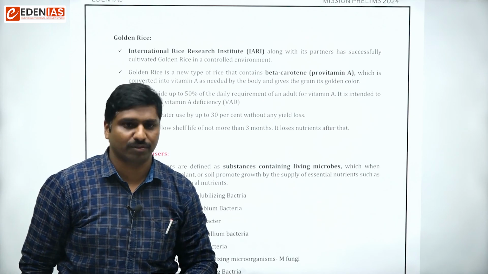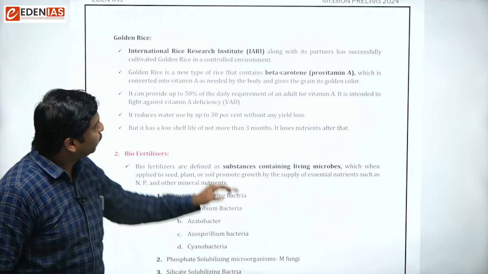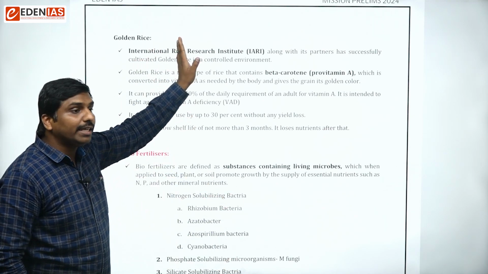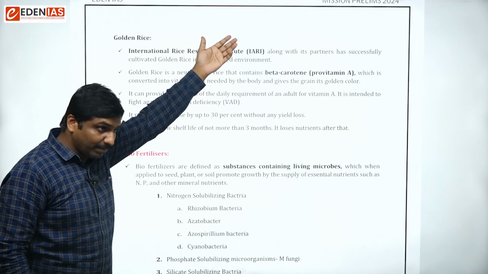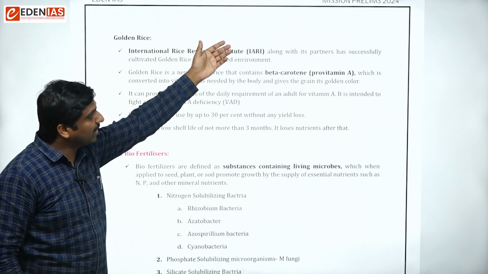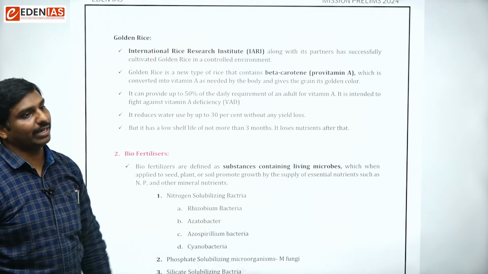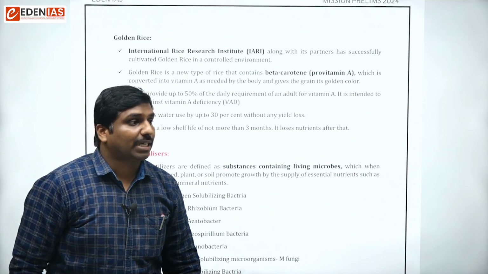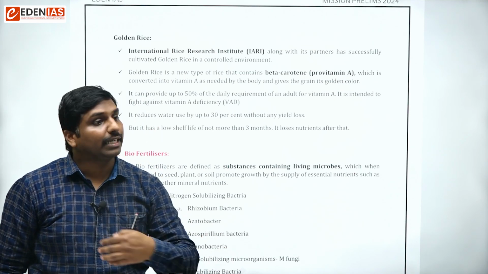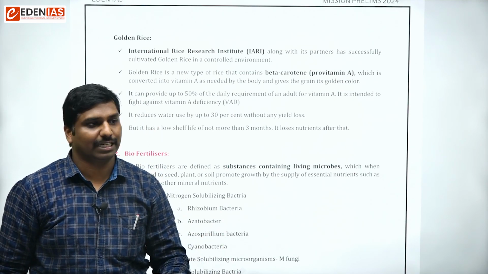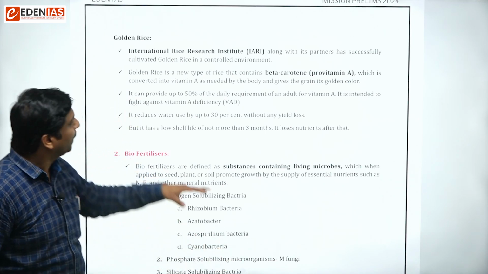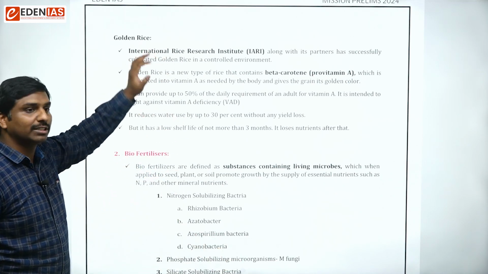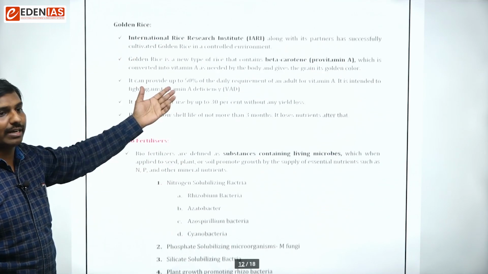In India also we have a regional office. This IRRI, headquartered in the Philippines, has developed golden rice. But in India it is still not allowed to be cultivated. It is not given permission for the development of the golden rice variety.